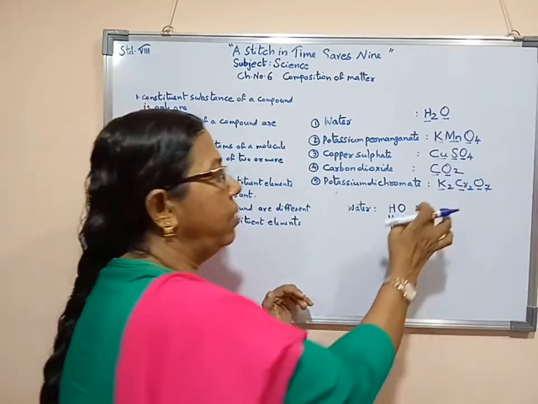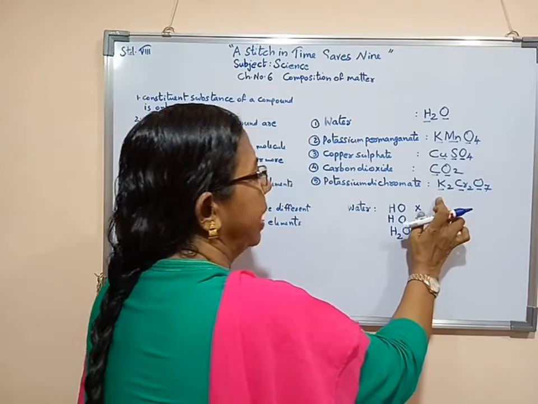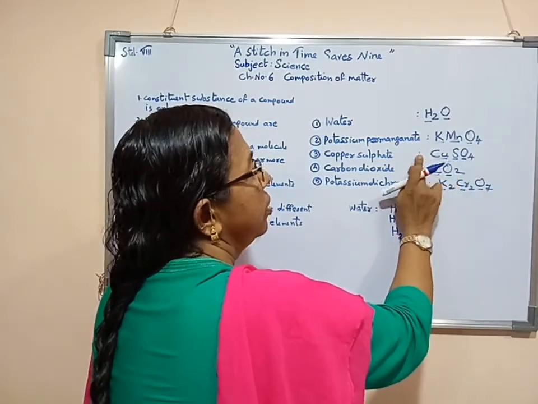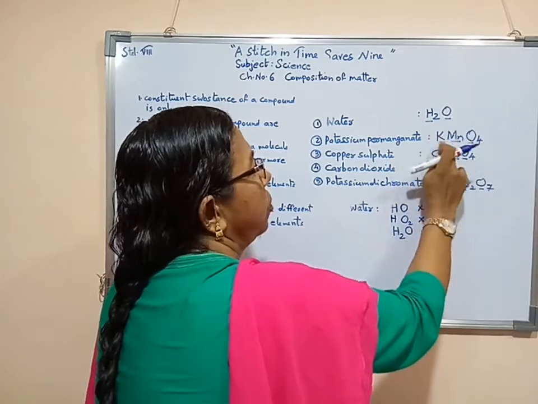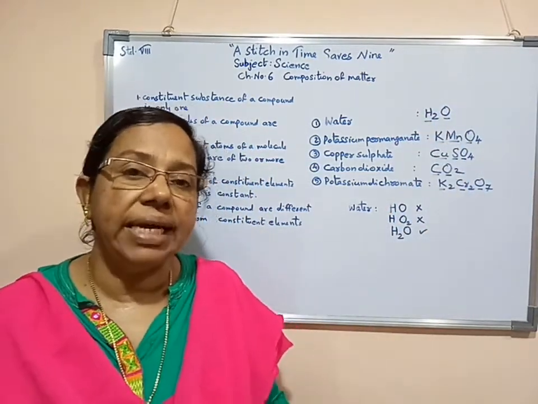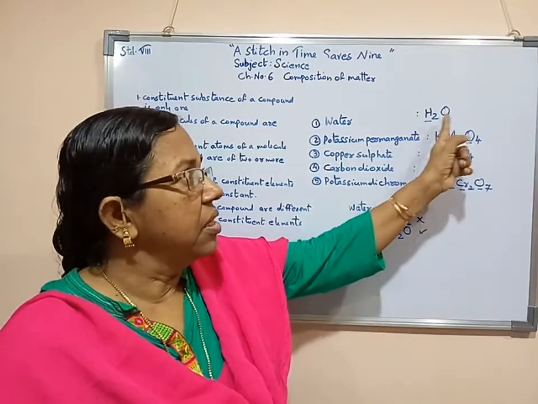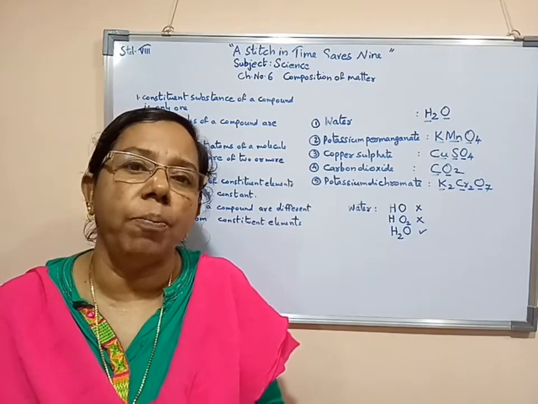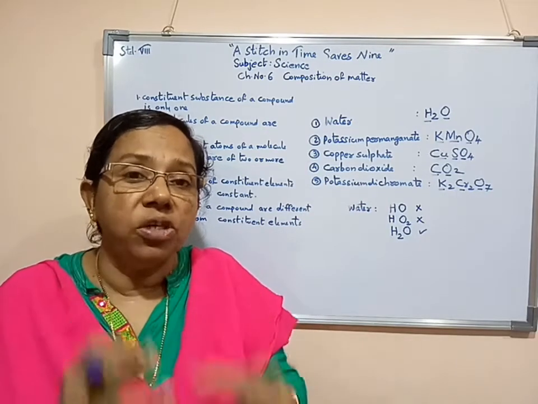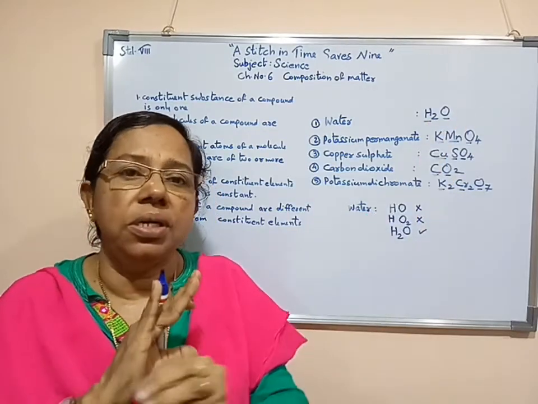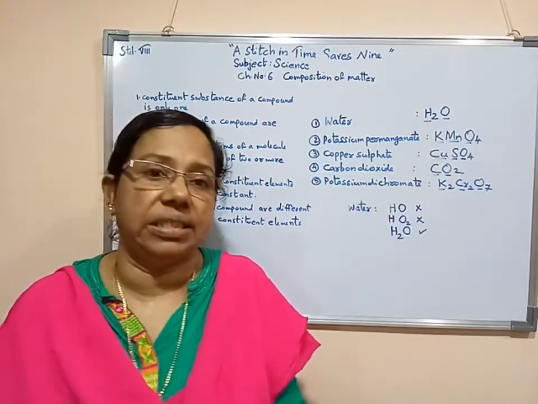Then only can one molecule of potassium dichromate, carbon dioxide, copper sulfate, potassium permanganate or water form. So we can say that the quantity of atoms present in a molecule of a particular compound is constant, is fixed.